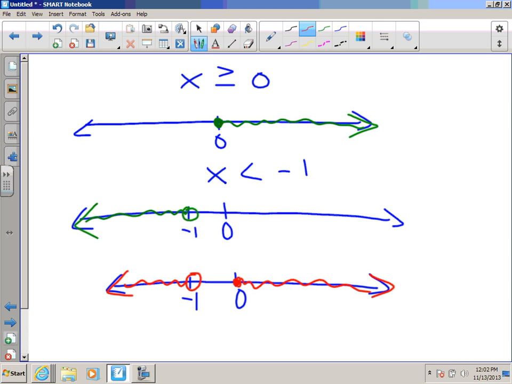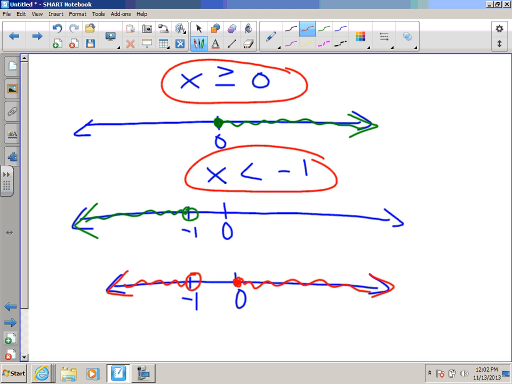How do we graph them together? Watch, it's really not that hard. I'm dealing with one x, so I'm going to just put that x in the middle. I'm going to take this and flip it over. X is greater than or equal to 0.